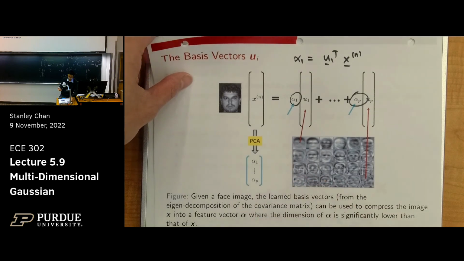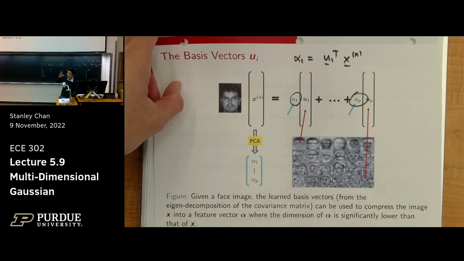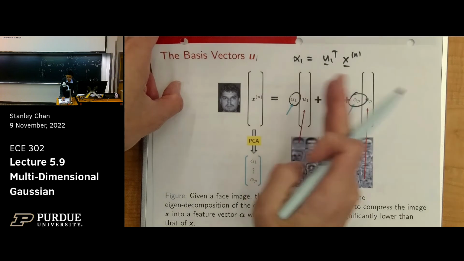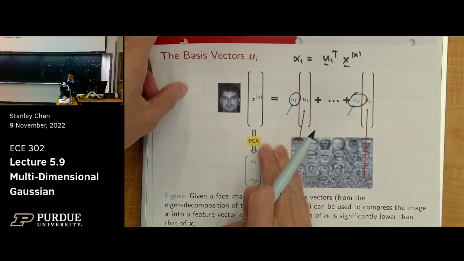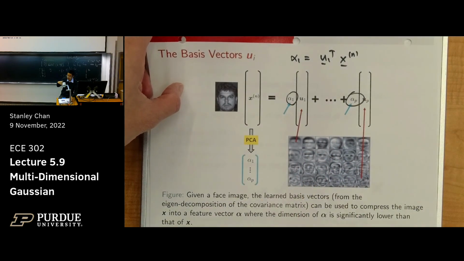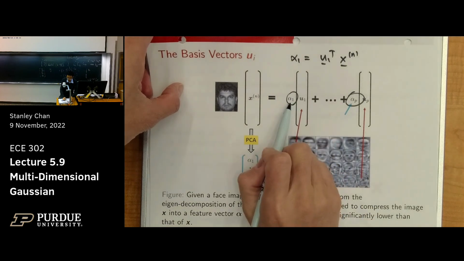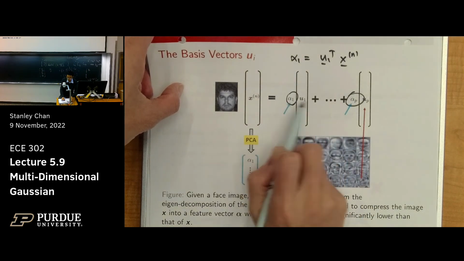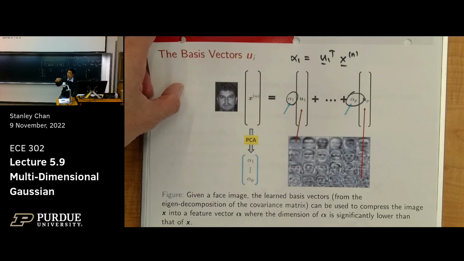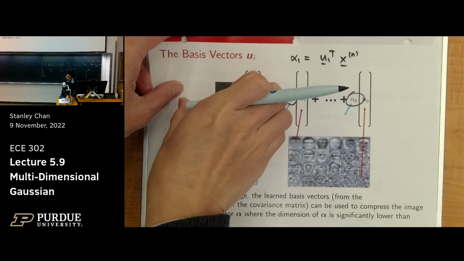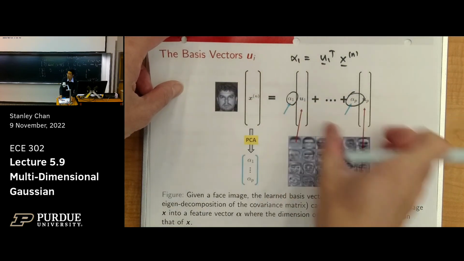You give me the data sets, I run the eigendecomposition, I find the basis vectors, and then you hand in a new image to me. I calculate this projection, find out the alphas, and based on the alphas, I run my classifier. So PCA is the process of going from the data set to these basis functions.